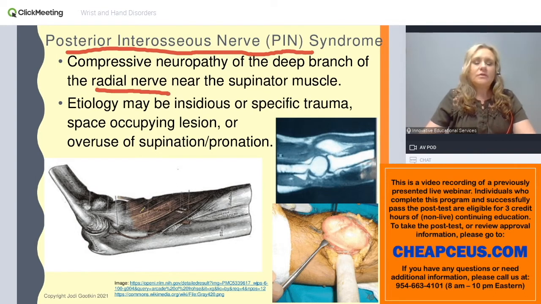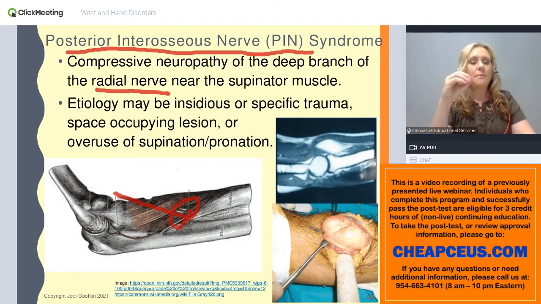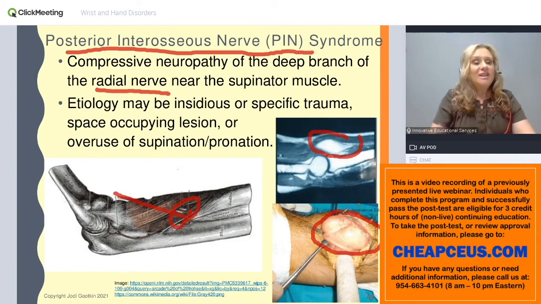When we look at where the radial nerve is coming down from the humerus, it's going to bisect through the heads of the supinator muscle, and as it emerges as the posterior interosseous nerve, it can become compressed. It might be a space-occupying lesion, like in the right here. We see it on the scan, and then the actual size of this lipoma for the patient, reminding us that when we're palpating, we need to know what we're feeling for.